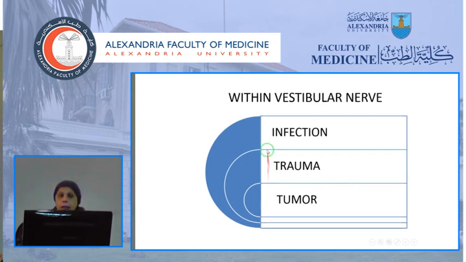You can resolve this again from the history, from surgical trauma, and from tumors by MRI. So you can know about the vestibular nerve and localize the lesion to be within the vestibular nerve.